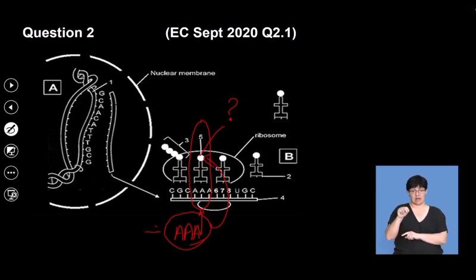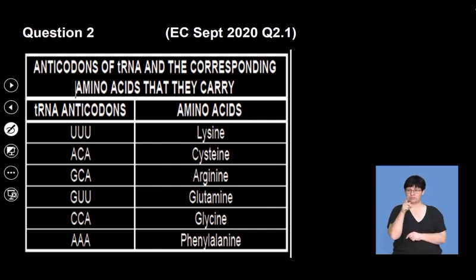So the codon is AAA. Let's move back to our coding table. So we're using AAA as our codon. I'm going to very quickly scribble this here. Remember that it's AAA, and AAA is what we know as mRNA. In order for us to determine the amino acid, this table gives us an anticodon table. So it's a tRNA anticodon.